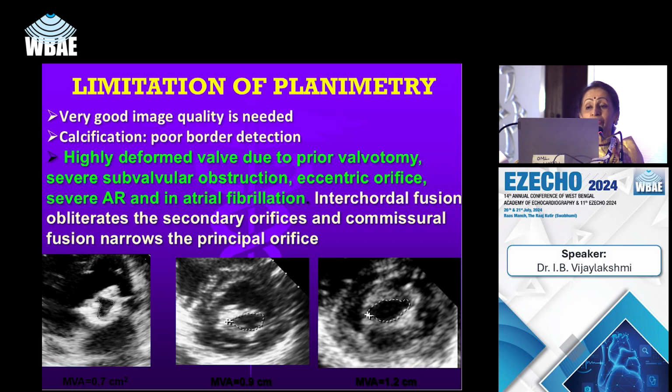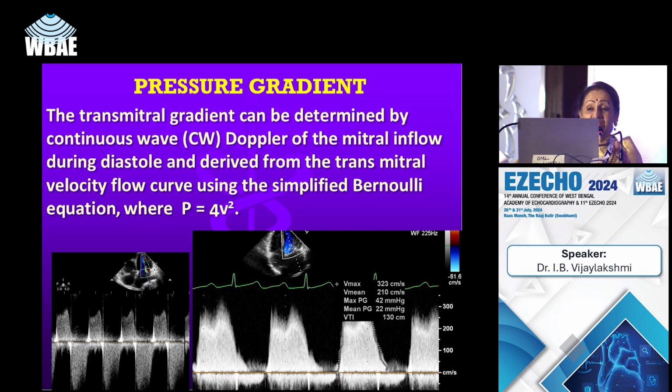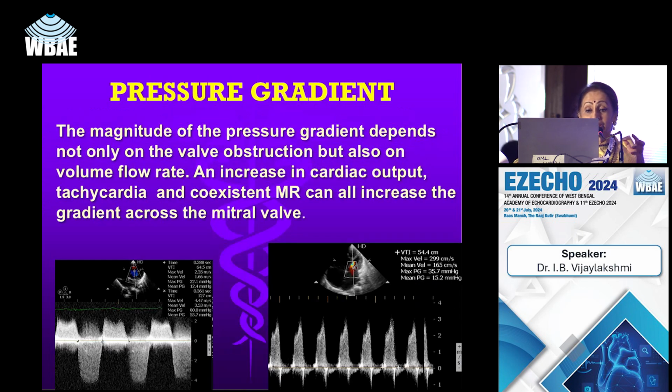A highly deformed valve due to prior valvotomy, severe subvalvular obstruction, eccentric orifice, severe AR and atrial fibrillation all hamper the assessment. The commissural fusion should be looked for carefully if you are sending the patient for balloon dilatation, so those details should be given whenever the echo is given to you.